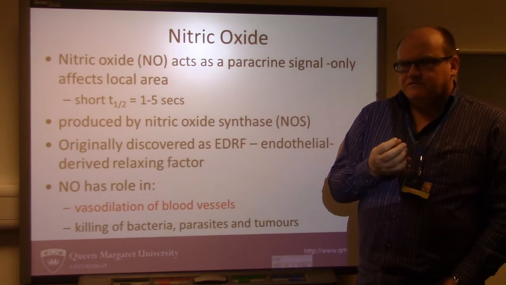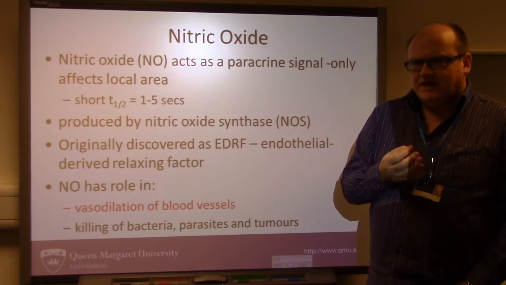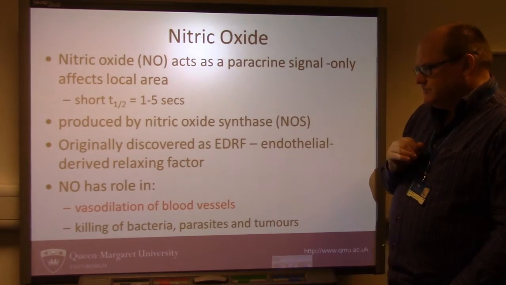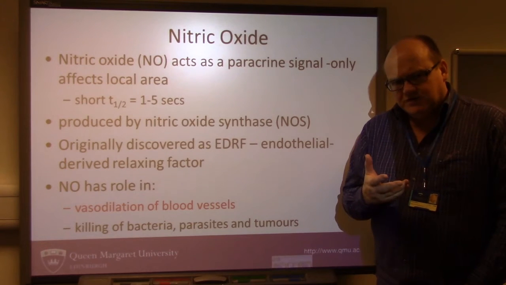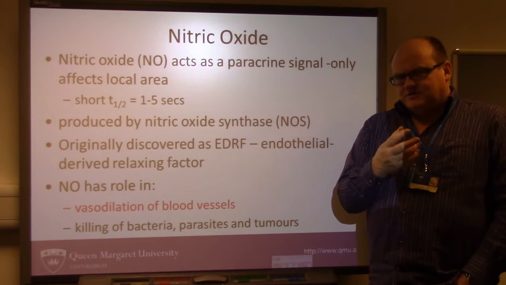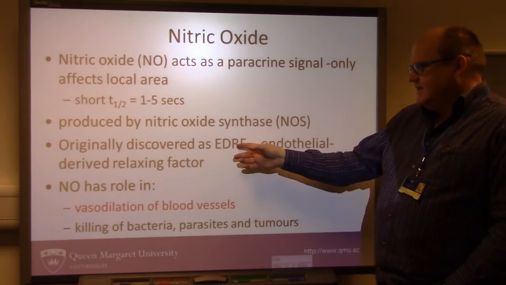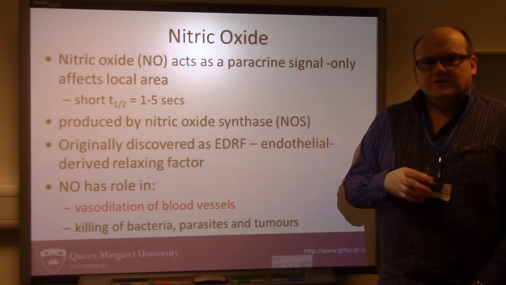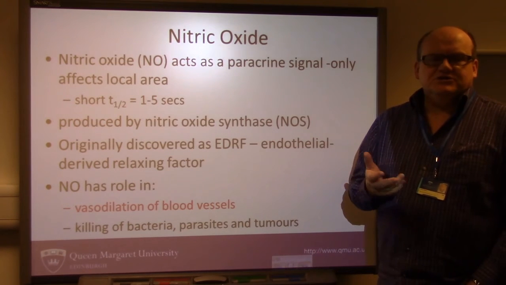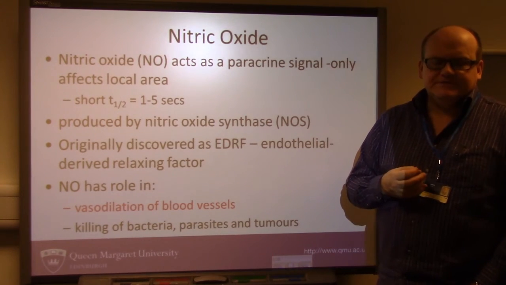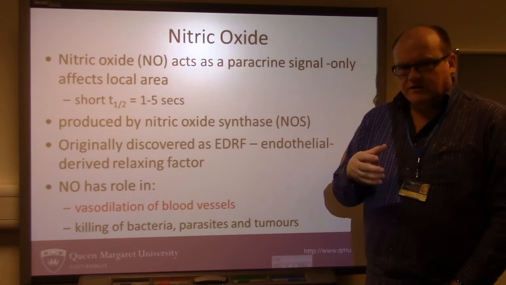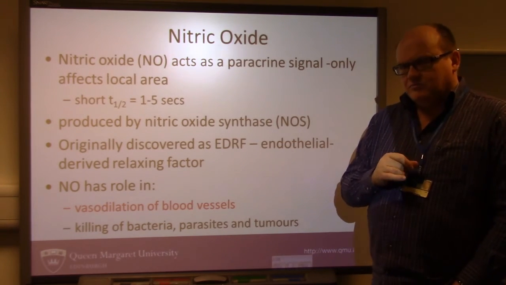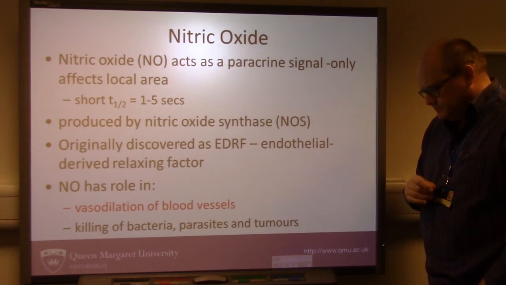There was something that was found that was being released by the endothelial cells in the blood vessels that was known to relax those blood vessels, and that agent, as we knew it, was known as EDRF, endothelial derived relaxing factor. But here we are some 30 plus years, 35 more years later, and we now know that what we're dealing with in that compound is actually nitric oxide.